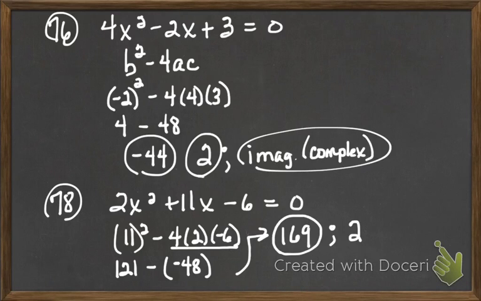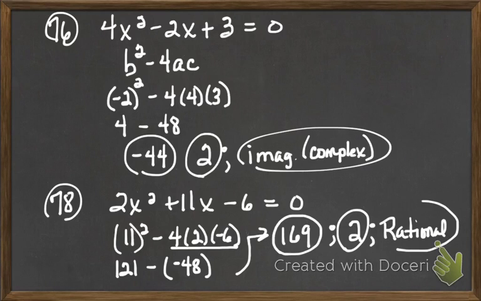So since 169 is a perfect square, our solutions are not going to be irrational, they are going to be rational. Now again, your textbook says two unequal rational solutions. All I want is: the discriminant is 169, there are 2 solutions, and they're rational.